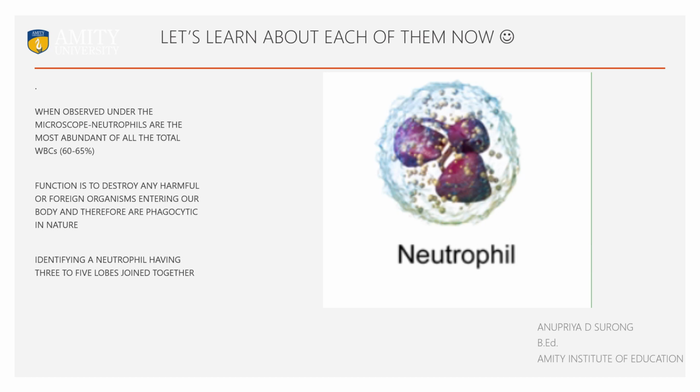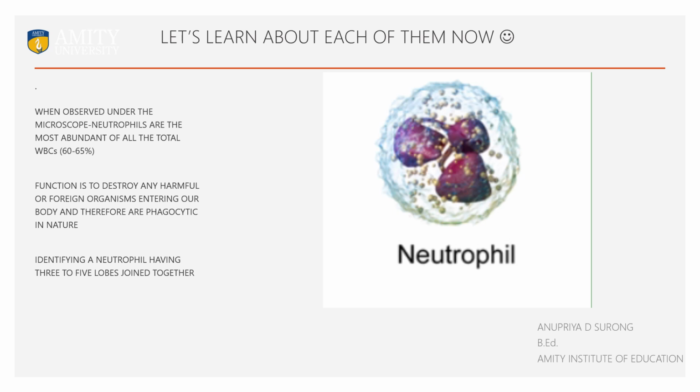And therefore, they are called phagocytic in nature. I repeat, phagocytic in nature, meaning they are able to destroy any harmful or foreign organisms entering our body. And therefore, neutrophils are phagocytic cells.